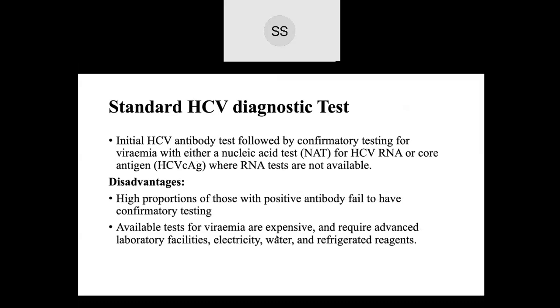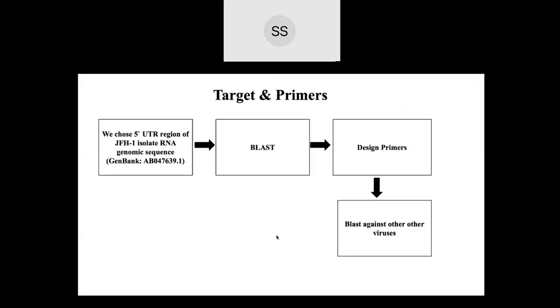Sometimes that's why they miss detecting the virus in a person. Therefore, in order to overcome these limitations, we designed a microfluidic platform where we can detect the virus on a single platform based on loop-mediated isothermal amplification.